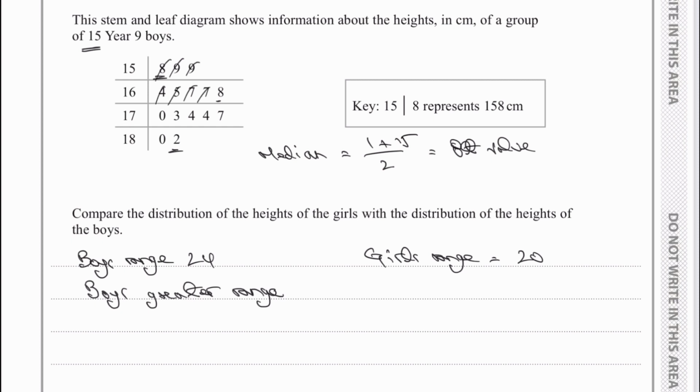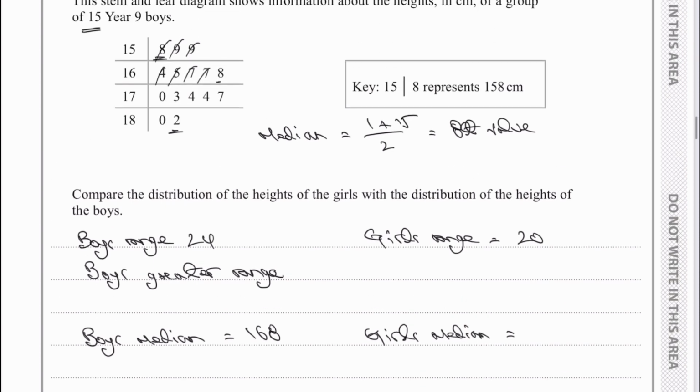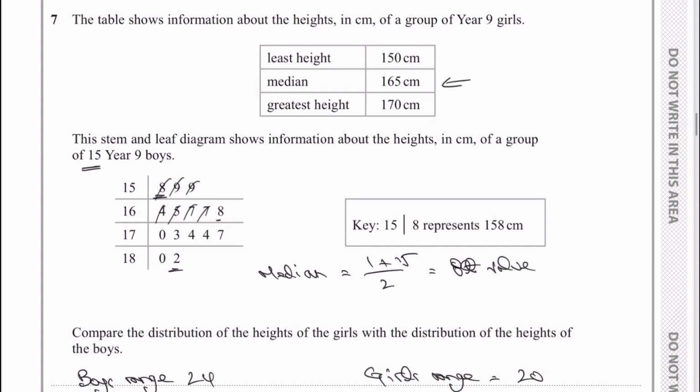So the 8th is going to be 168. Okay, so the boys' median is equal to 168. So the girls' median, okay, and that's actually given to us on the chart at the very top, which is 165, which is this one here.